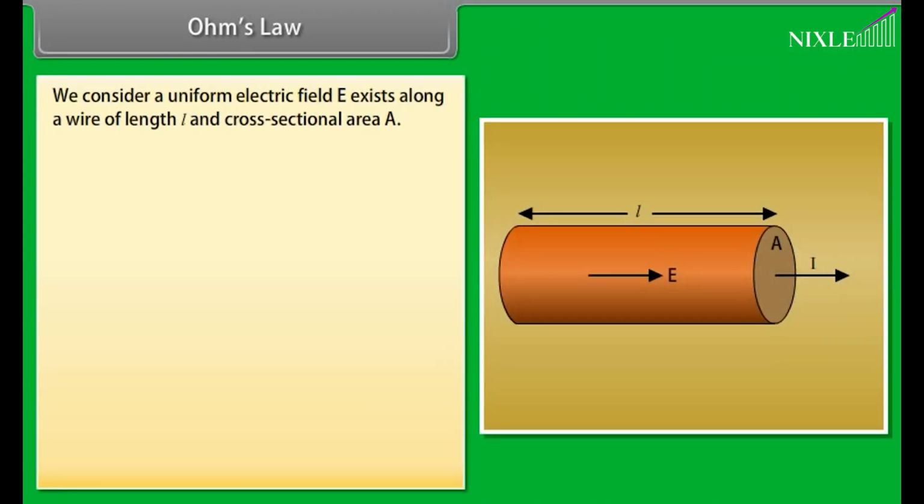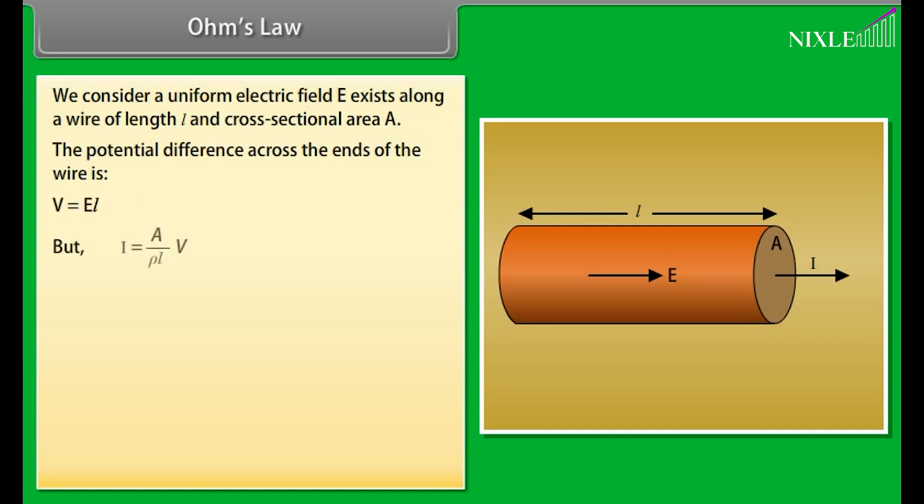We consider a uniform electric field E existing along a wire of length L and cross-sectional area A. The potential difference across the ends of the wire is given by V = EL, but I = (A/ρL) × V, where ρ is the resistivity of the material.